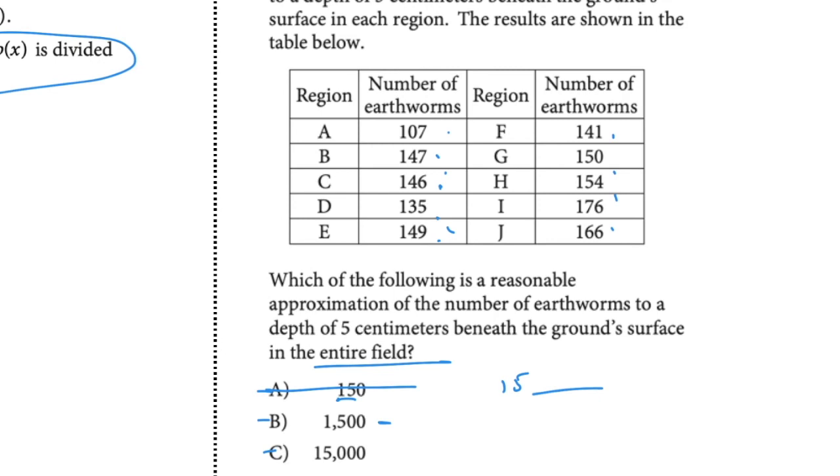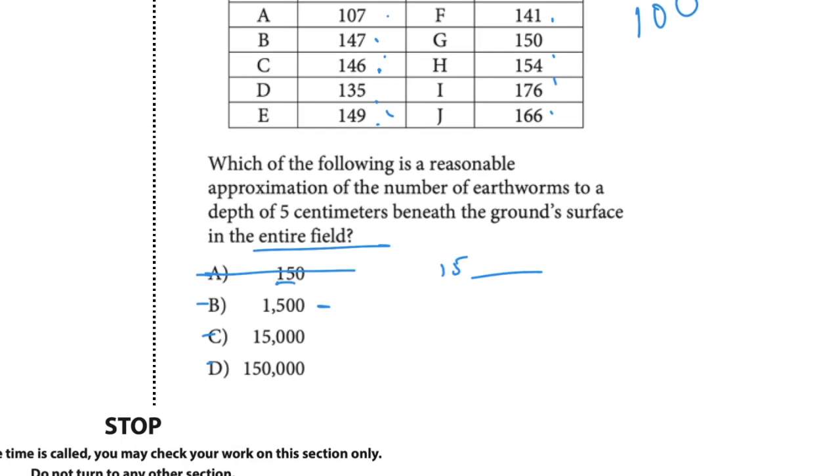So this is not enough. So we need 100 measurements, okay? So if we've got 150 in each square times 100 measurements, we just add 2 zeros, and that's 15,000. And there you go.